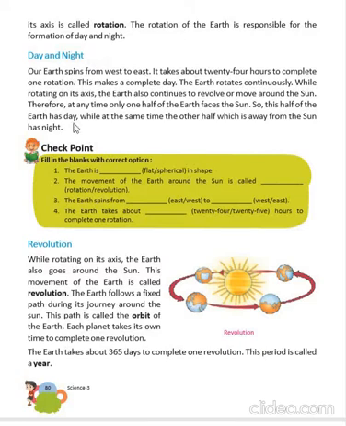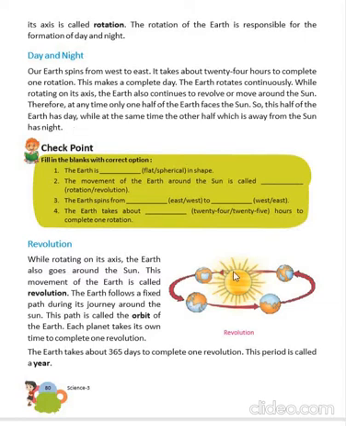Therefore, at any time, only half part of the Earth faces the Sun, whereas half is away from the Sun. The part which is facing the Sun has day, and the part which is away from the Sun has night. In this way, day and night are formed.